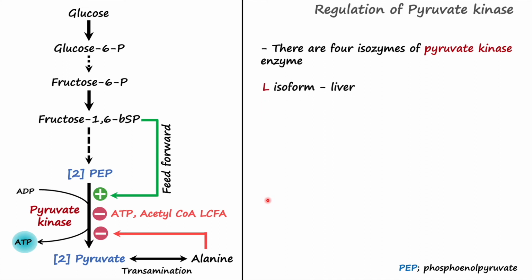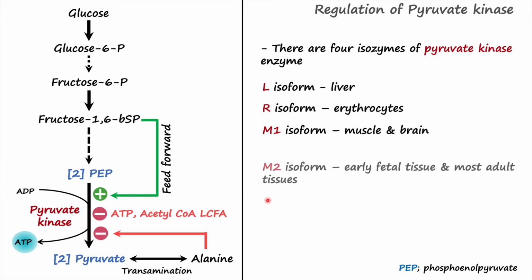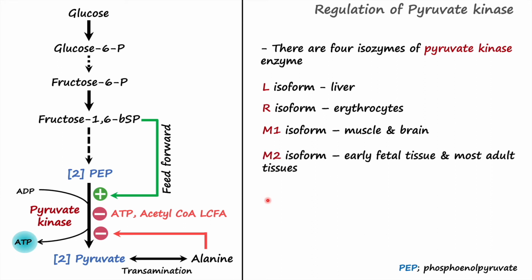There is isoform L, which is present in the liver. There is isoform R, which is present in the erythrocytes. The M1 isoform is present in muscle and brain, and the M2 isoform is present in early fetal tissue, and most adult tissues also express the M2 isoform of pyruvate kinase.